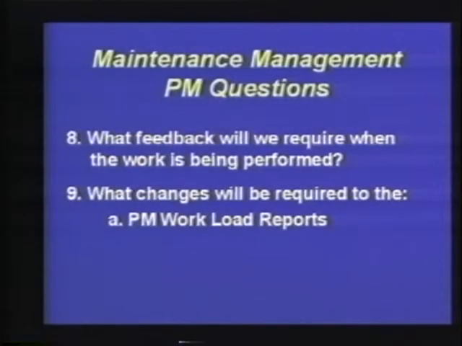Now, there are going to be changes to reports and to records. Item number 9 addresses a load report. The load report is the amount of craft capacity required for future planned PM orders.